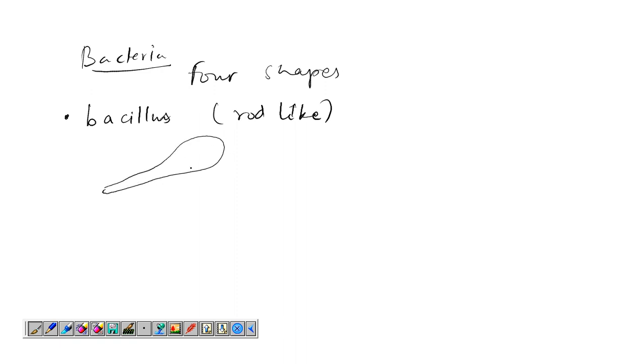The structure is somewhat like this. Another kind of bacteria, in terms of their shape, is coccus, which is spherical. It looks like small spheres. This is also the shape of the bacteria.